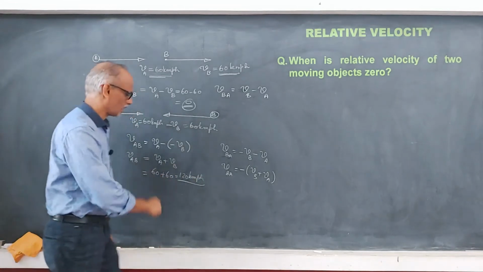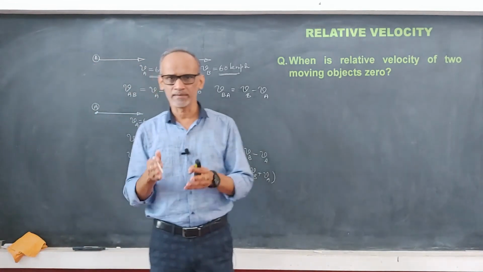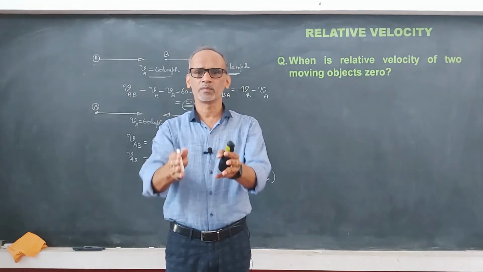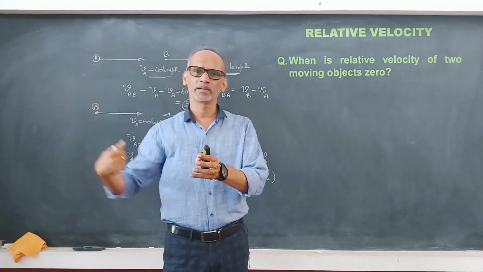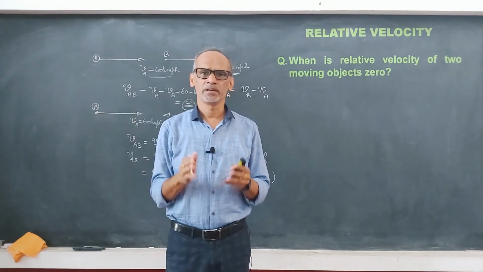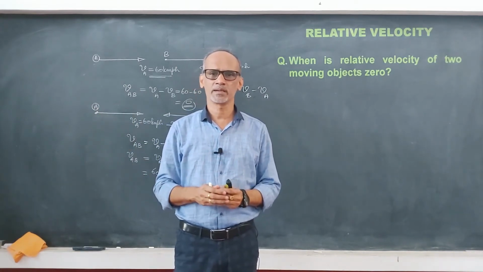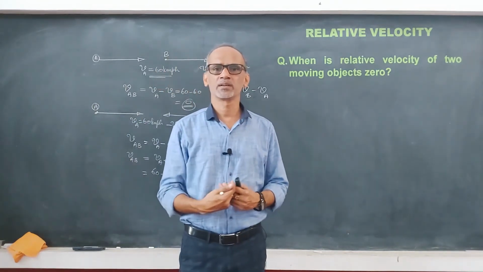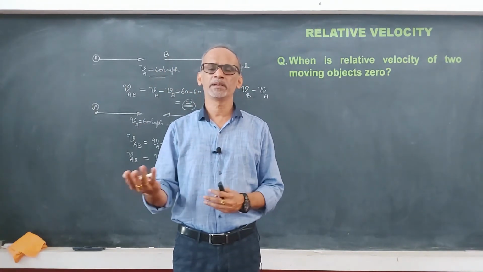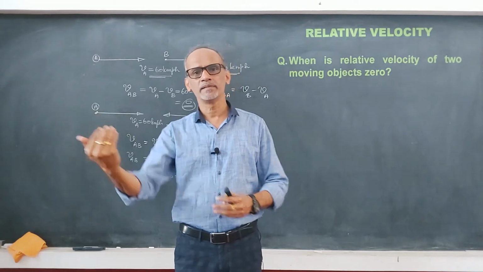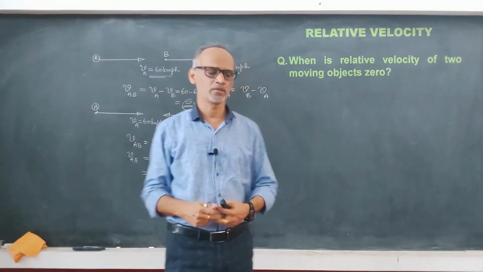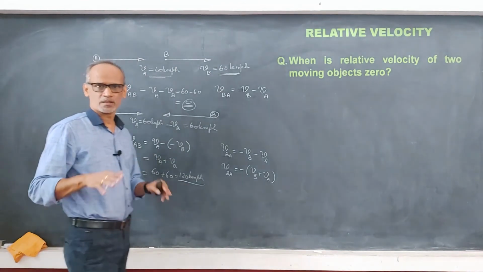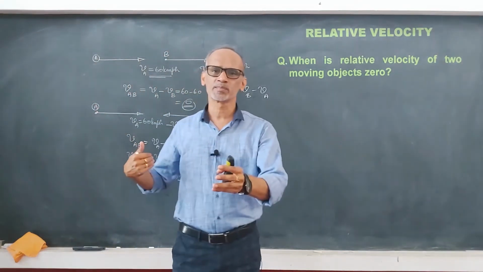This is why, whenever we are traveling on a highway and our vehicle moves in one direction while another vehicle moves in the opposite direction, both at 60 kilometer per hour, it appears to us that the other vehicle is moving at a very high speed of 120 kilometer per hour, because we are also moving and the other vehicle is moving in the opposite direction.